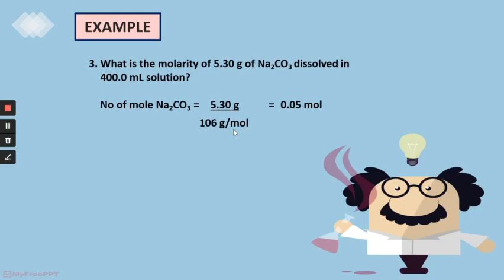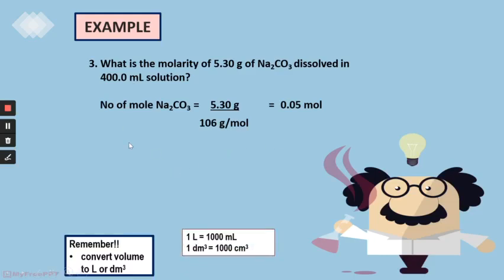If it is not given, you may refer to other references to get the molar mass, or you might ask your lecturers. Okay, so gram and gram cancel out, and you will get the mole, 0.05. And then to get molarity, you must substitute the values. Molarity equals moles of solute over volume of solution. The volume of solution given is 400 ml.